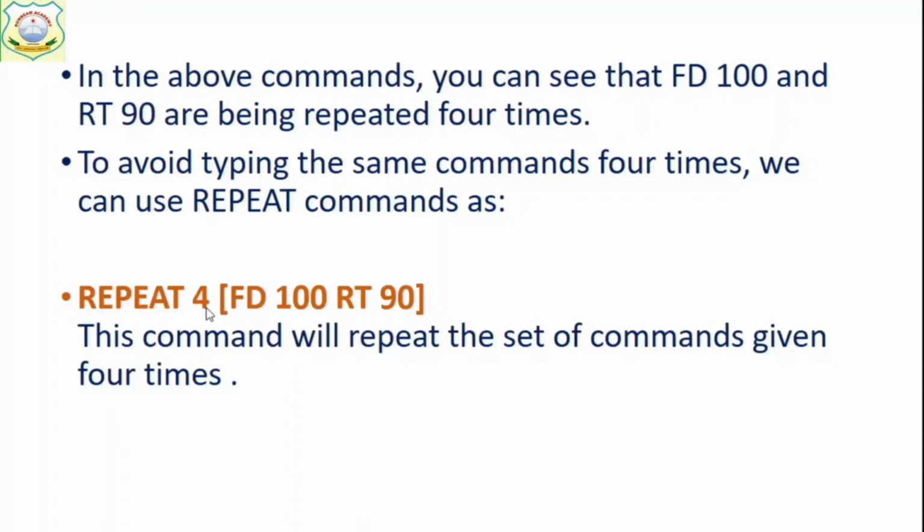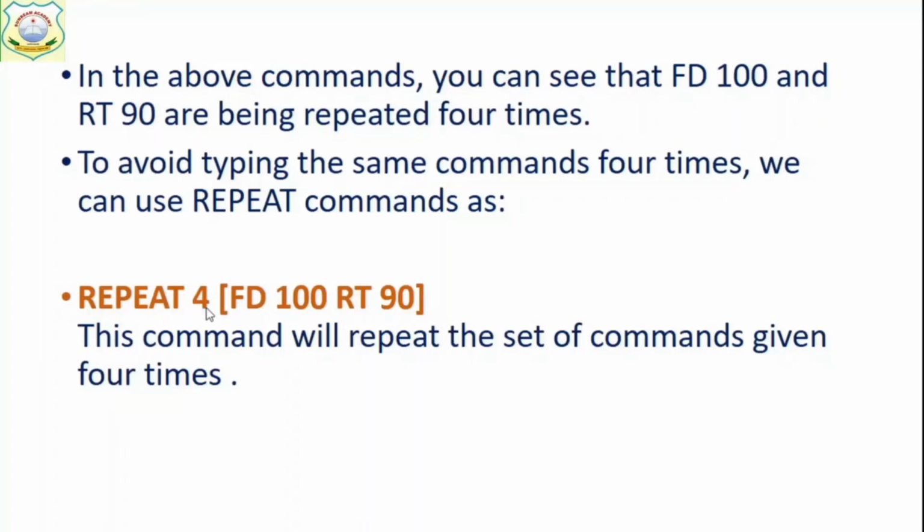Now next we have the triangle. So for the triangle we have the following commands: FD 100, RT 120. Means the turtle will move 100 steps forward and then take a right turn at 120 degrees. These two commands are repeated 3 times. कितने times repeat हो रही है? 3 times, because a triangle has 3 sides.